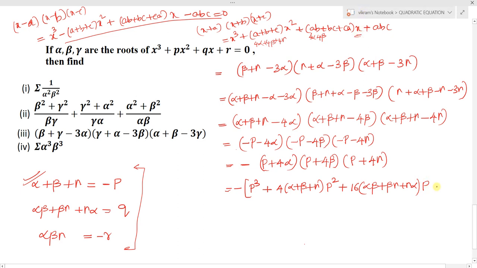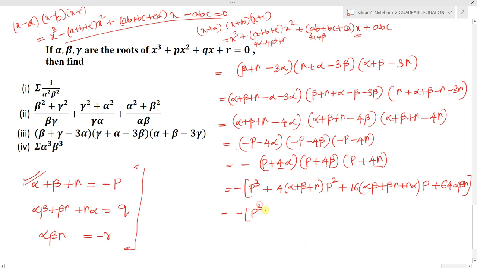Then next plus abc, which is 4 alpha, 4 beta, 4 gamma, so 4 cube means 64 alpha beta gamma. Now substitute the values, and we'll get our required result.